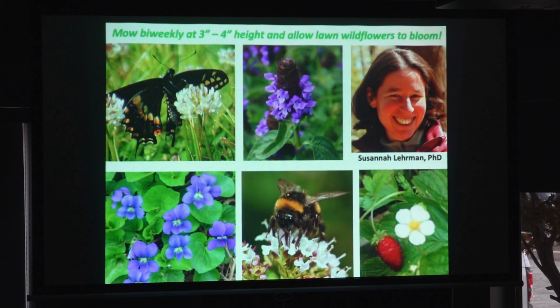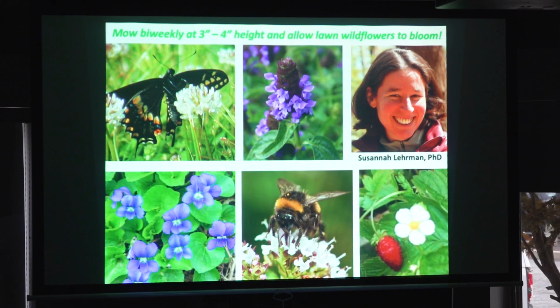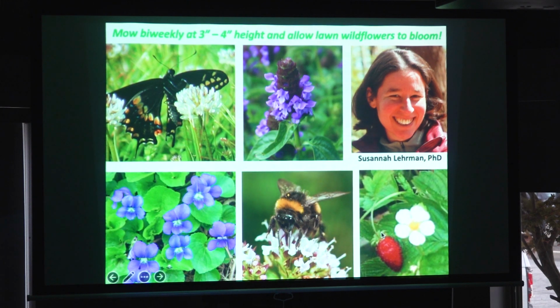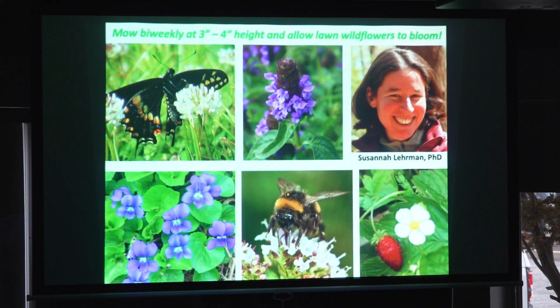So, however, this is one way to do it. If you're going to have a lawn, why don't you invite the flowers that often will pop up if you don't put down those herbicides, right? You can even purposefully plant things like self-heal, which is the top middle plant, or this one right here, or violets, or wild strawberries. These are all native plants. And incidentally, Susanna Lehrman is the scientist who proved that, and she did a study in Springfield.